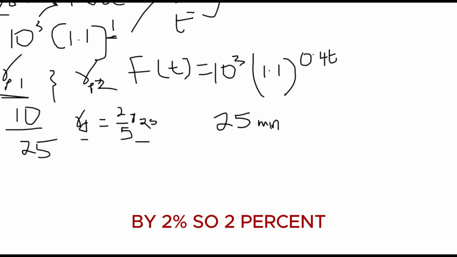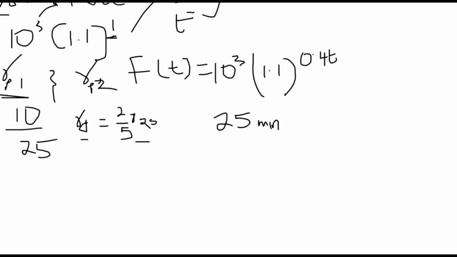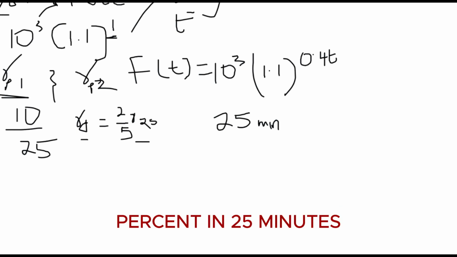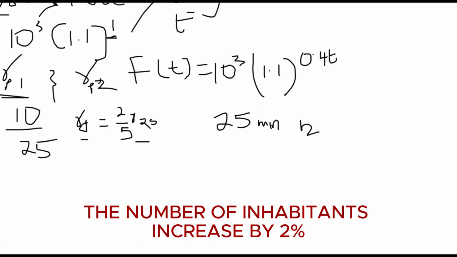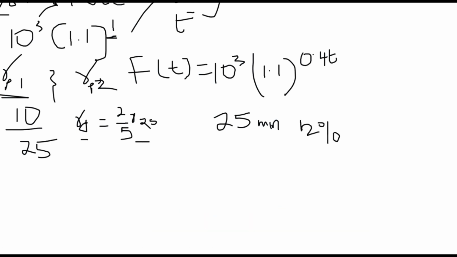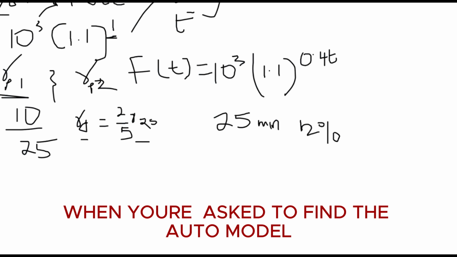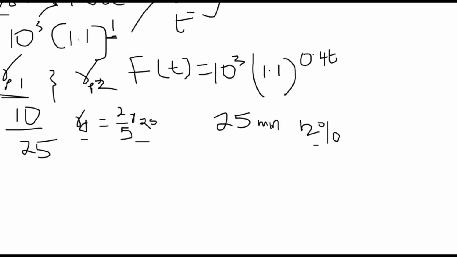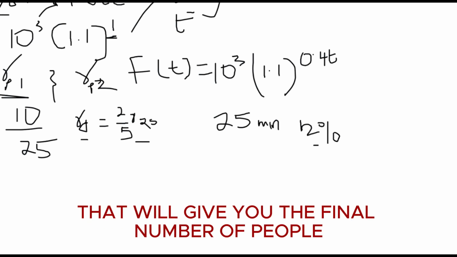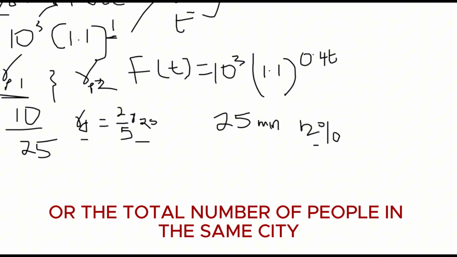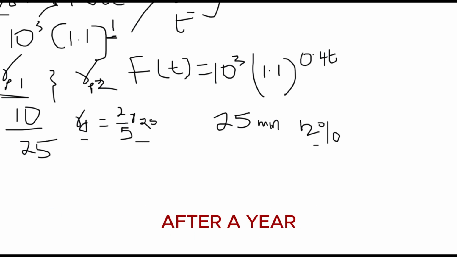The number of inhabitants increased by 2% in 25 minutes. Now, we're asked to find or model the final equation that will give you the total number of people in the same city after a year.